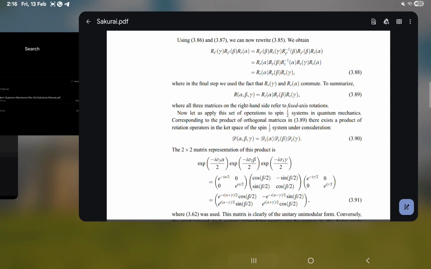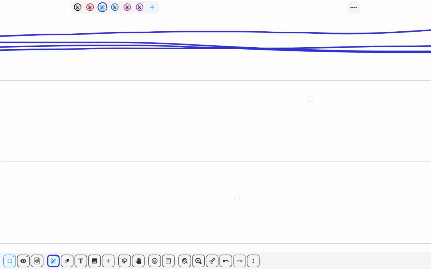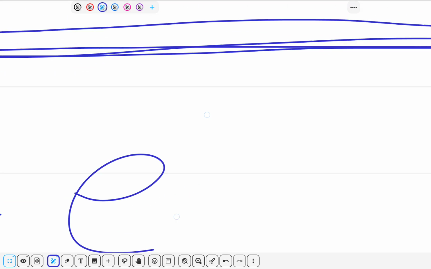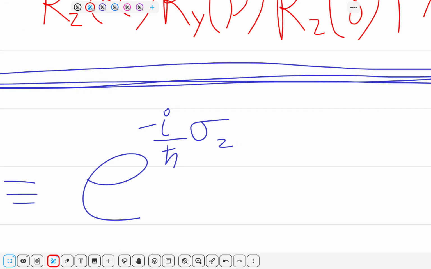One of the ways is, if you want to rotate something with respect to the z axis with some angle alpha, you can just apply this operator with sigma z, these are the Pauli matrices, and this will work.